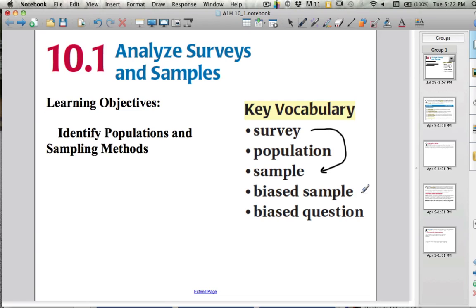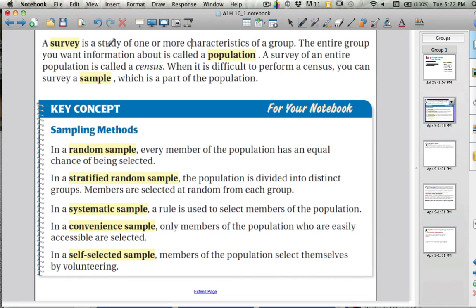A biased sample would be a subset that was not reasonably representative of the population. My survey is typically composed of questions and or statements that you respond to. And a biased question would be a question that does not maintain a neutral stance on the topic that is being measured.